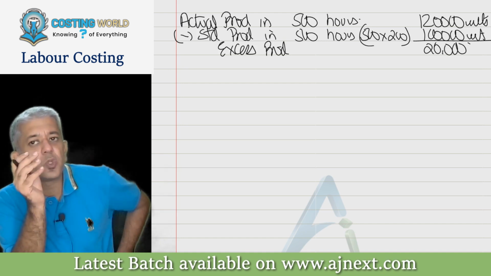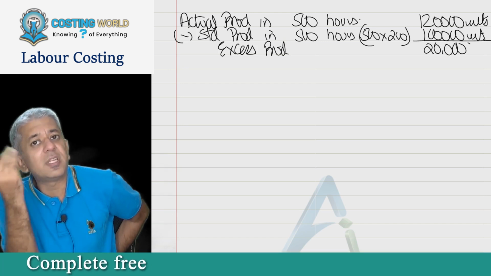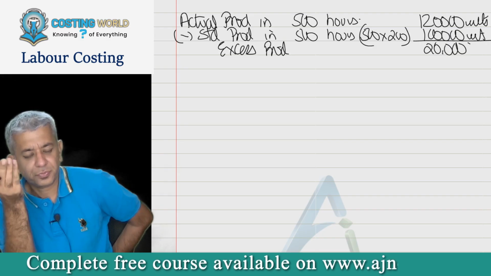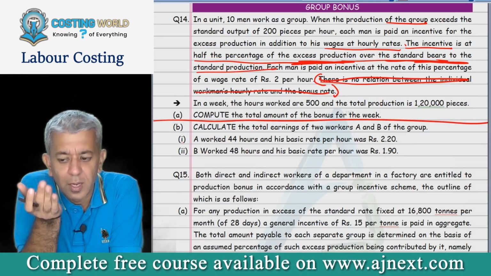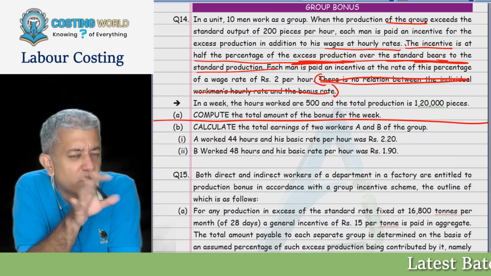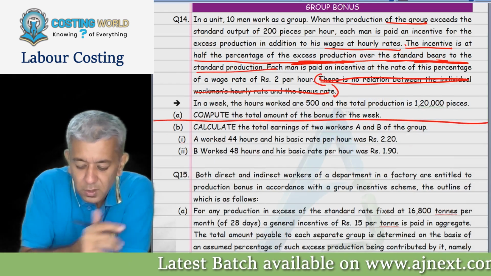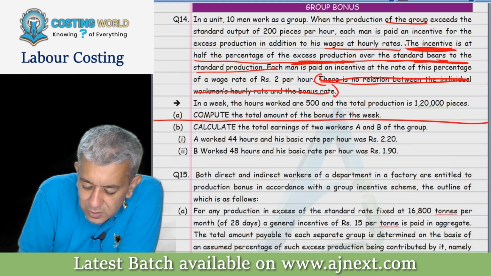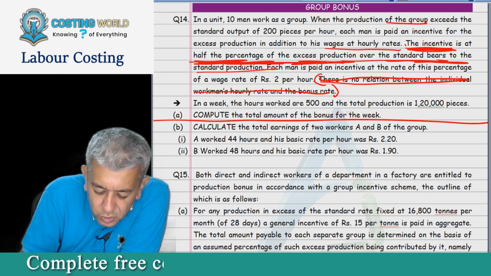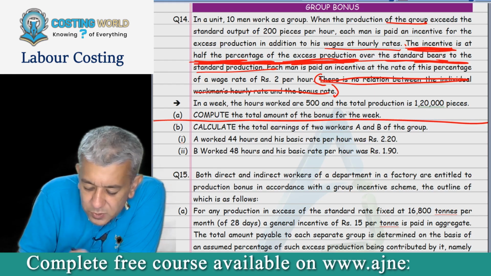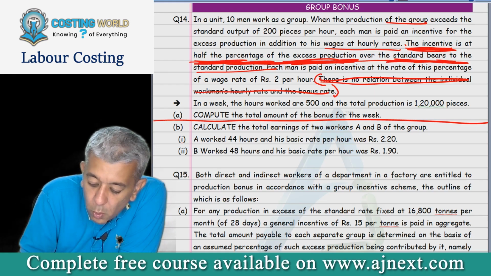Can I say this 20,000 is over the standard, no? I am just trying to correlate our answer with whatever is there in the book, nothing else.